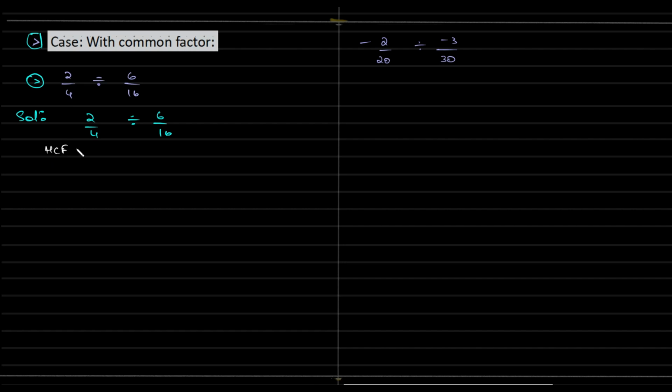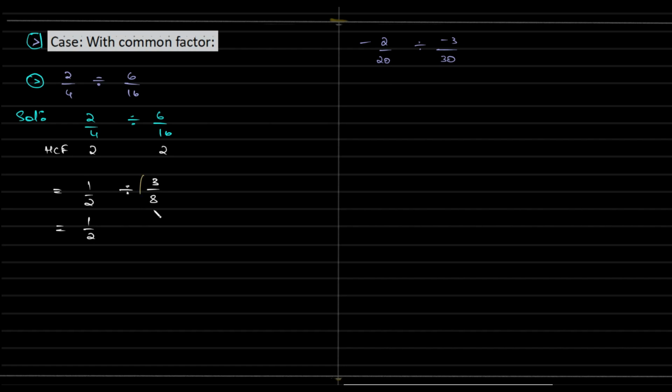Right, HCF of 2 and 4 is 2, 6 and 16 HCF is 2 again, right? Then all you have to do is divide the numerator and denominator by 2. We'll get 1 by 2 over here. Here 6 divided by 2 is 3, 16 divided by 2 is 8, 3 by 8. And thus we have 1 by 2.